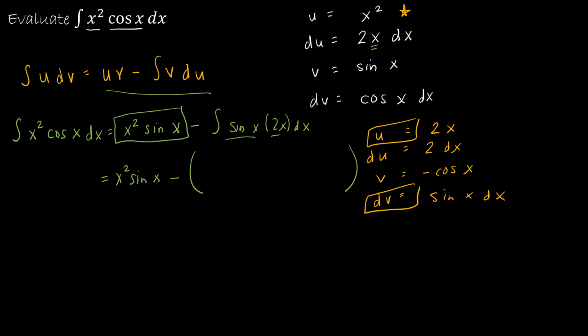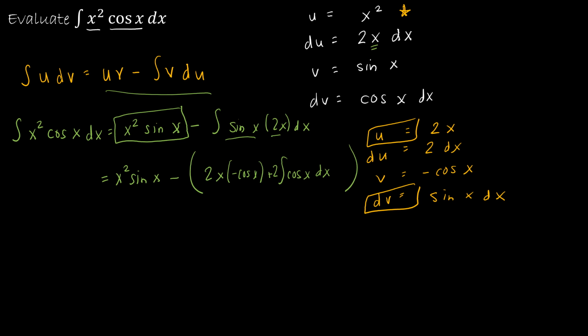So u times v, 2x times negative cosine of x, minus the integral of v, negative cosine of x, so I'm just going to make it plus and positive cosine of x. And then du, which is 2 dx. So I'm going to put the 2 on the outside.